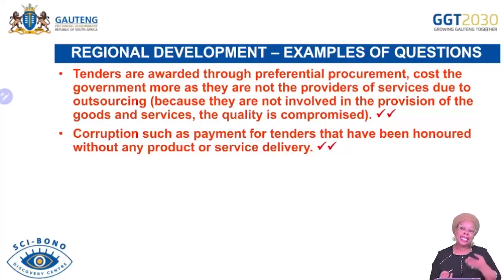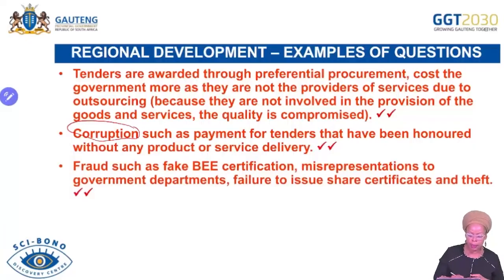Corruption also is a challenge where you find that there are payments for tenders, but the work has not been honored. Or maybe foundations of RDP houses were started, but the construction didn't take place, but money was paid. So these are other challenges that come with triple BEE.